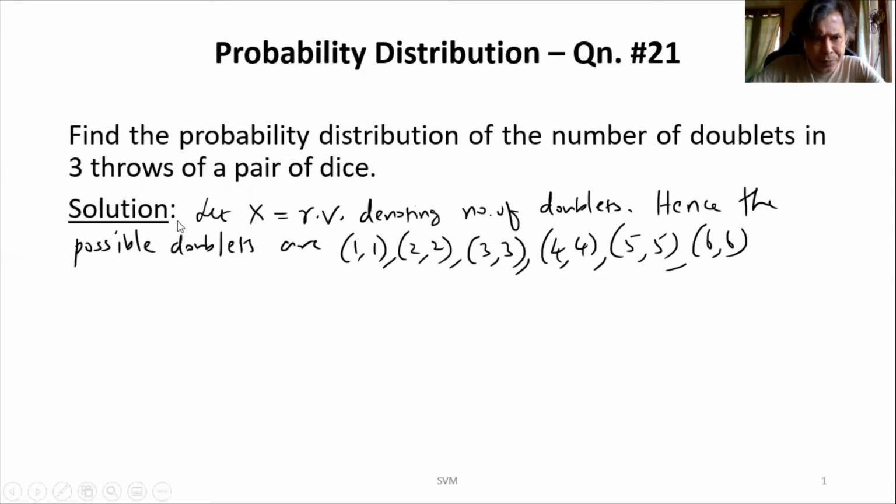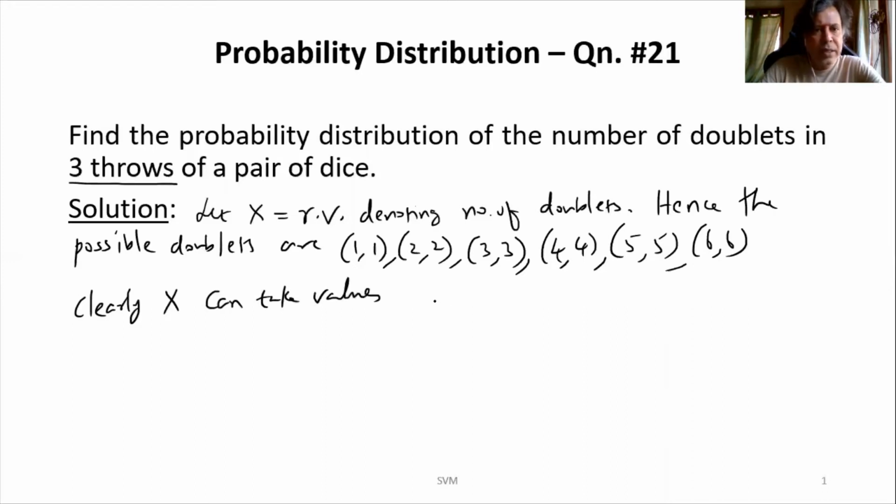In 3 throws of a pair of dice, here we are talking about 3 throws. So, in the 3 throws, in none of the throws we may get a doublet. So, clearly, x can take values.